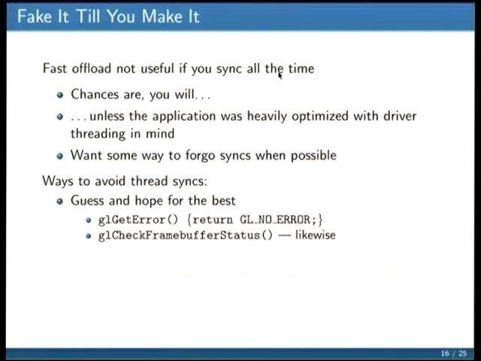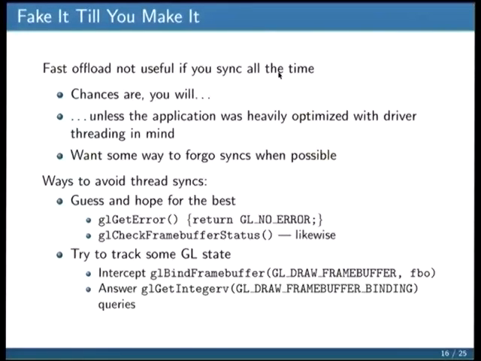It is so easy to do. A bit harder to do is to try and never lie to the application by tracking the actual GL state changes. For example, what needs to happen there for GL get integer is we need to track calls to GL bind buffer and use the value supplied there to answer GL get integer v queries that the application does.